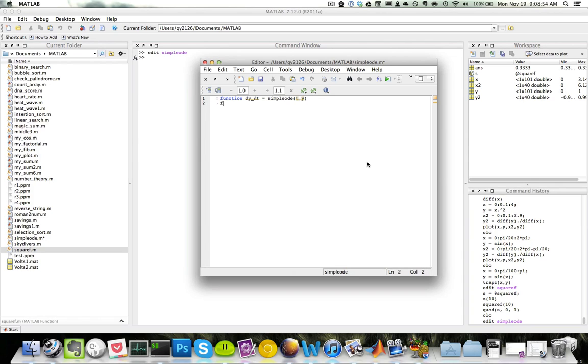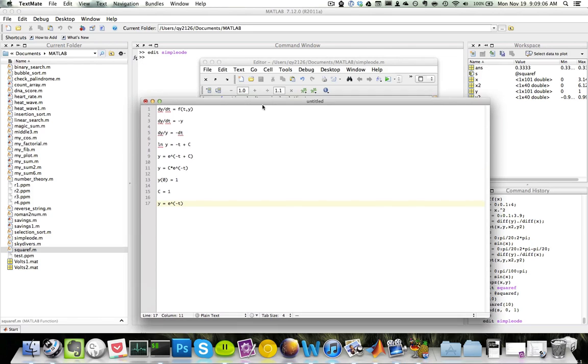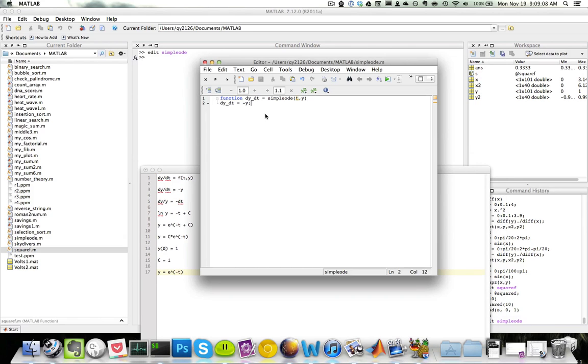And my dy/dt is equal to negative y. This is all I need. So the first thing I do is create my ordinary differential equation, dy/dt equals negative y, and put it into a separate function.